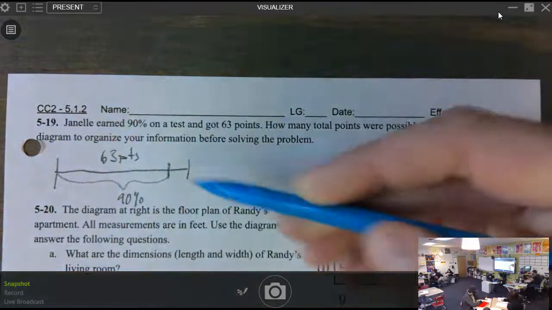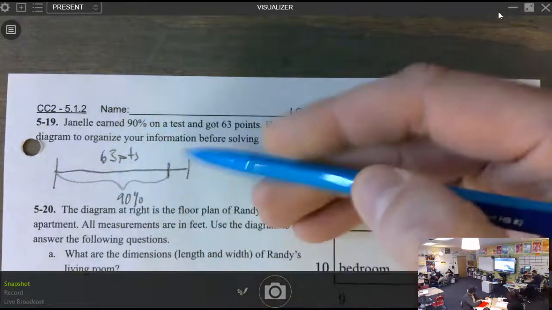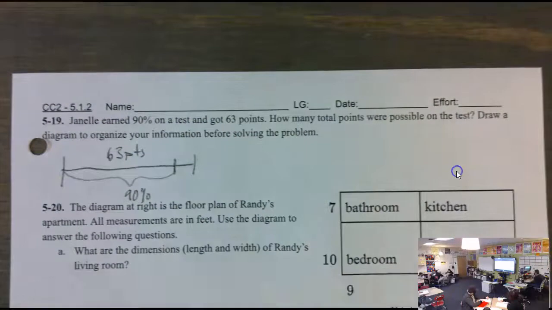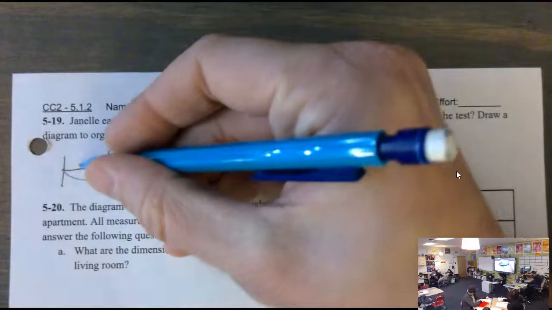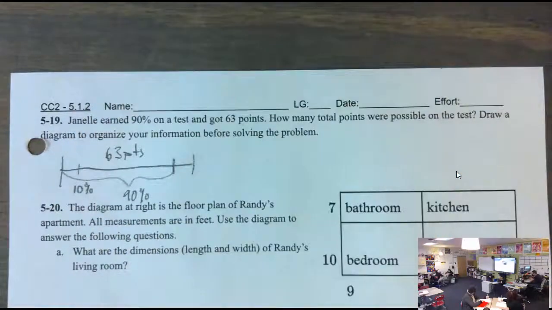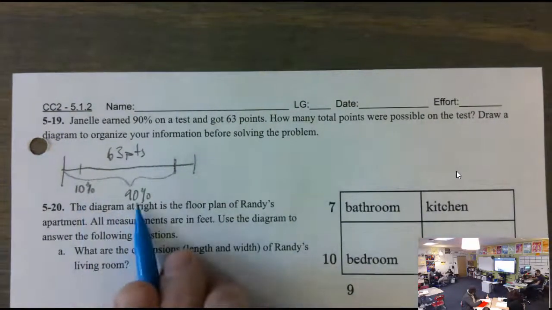We could then split this up into tens and figure out what every 10% is worth. So guys, for 90%, how many 10%, like yesterday we were doing that 10% rule? How many 10% are in 90%?